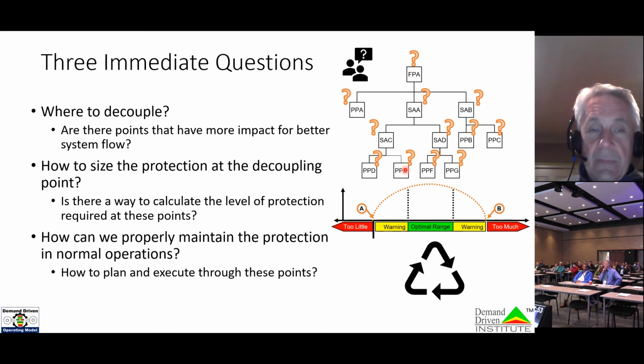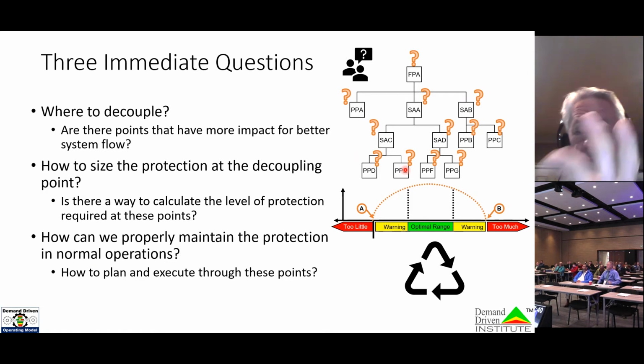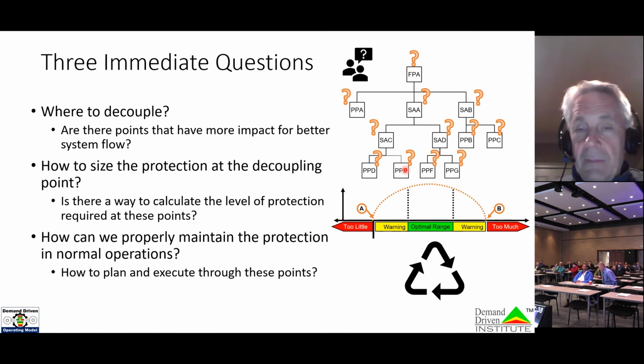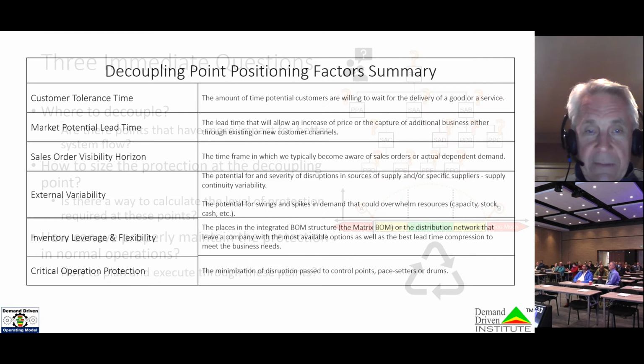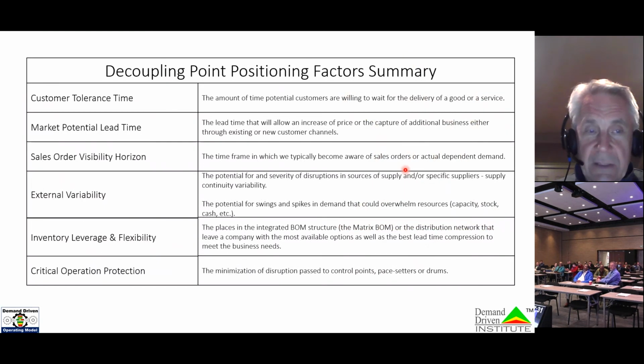We're going to size the buffers in a manner to protect against variation and to respect other key item attributes like lead time, minimum order quantities, and things like that. And if we do this, because they're going to help protect that concept of constant availability, we are going to gain some really critical advantages.